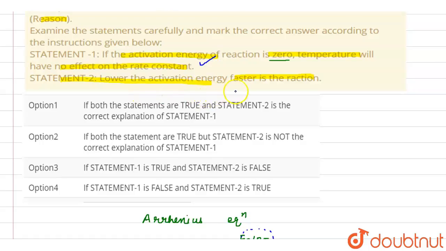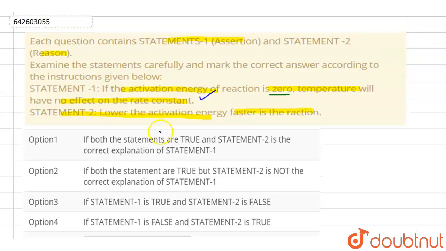Next, lower is the activation energy, faster is the reaction.